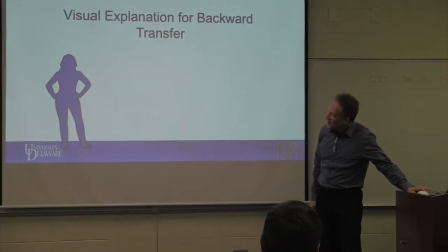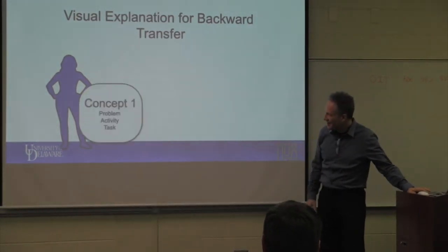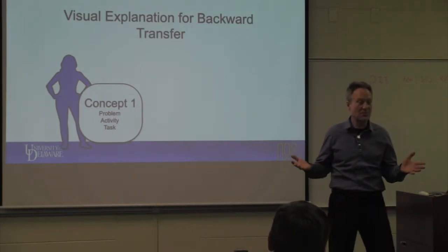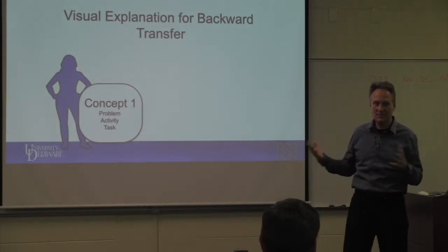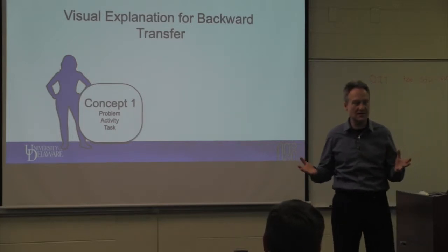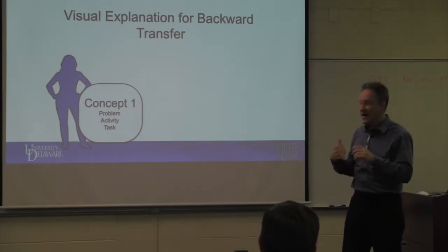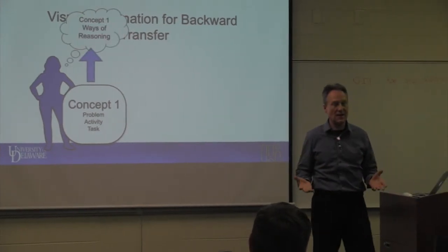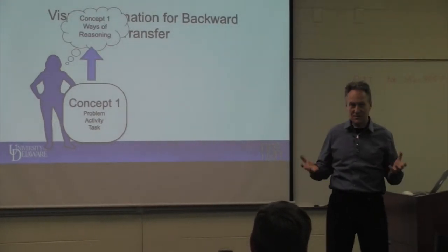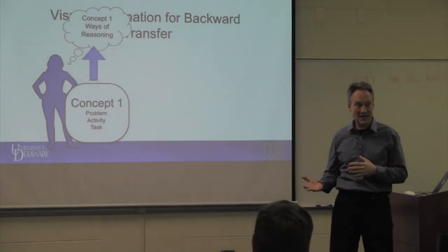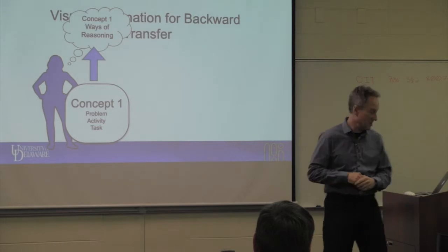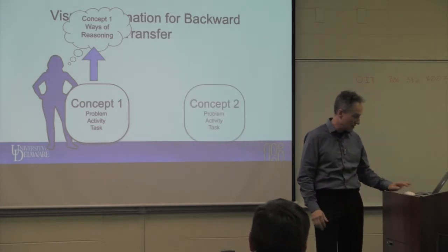So just imagine that you're a learner like this person here, and you encounter a concept. We'll imagine that this is a mathematics concept, so maybe a problem or some kind of activity that you're working on. As you think about or explore that concept, you're going to develop some knowledge, some understanding, some ways of reasoning about that concept. Let's call that concept one to distinguish it from another concept.